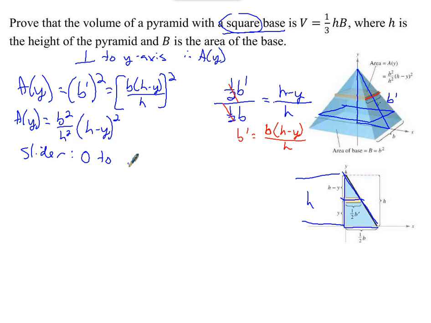Well, what is it sliding up to? H. H is just a number. I don't know how high that thing goes, but I know that it's H. All right, so we're ready to go.